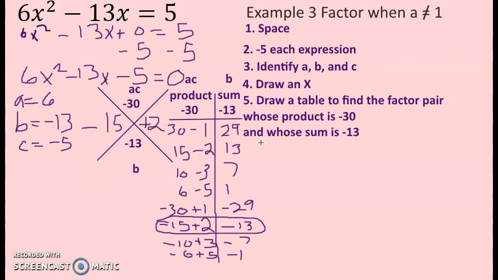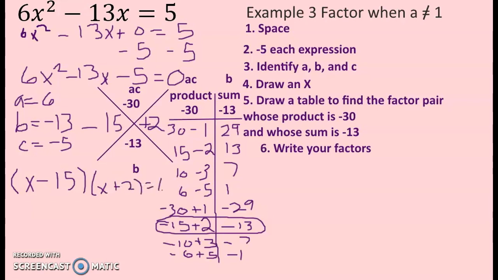The next step, we write our two factors. We have parentheses X minus 15 and parentheses X plus 2 equals 0.